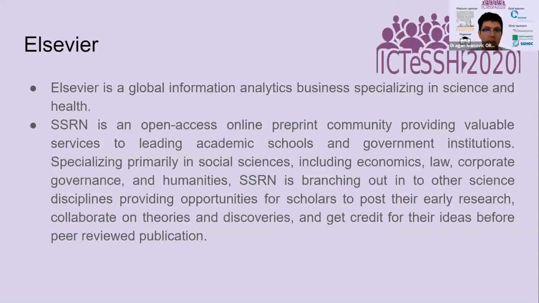It's an open access online preprint community providing valuable services to leading academic schools and government institutions. It's primarily specialized in social sciences, including economics, law, corporate governance, and humanities. It's also branching out to other science disciplines, providing opportunities for scholars to post their early research, collaborate on theories and discoveries, and get credit for their ideas before peer-reviewed publication.